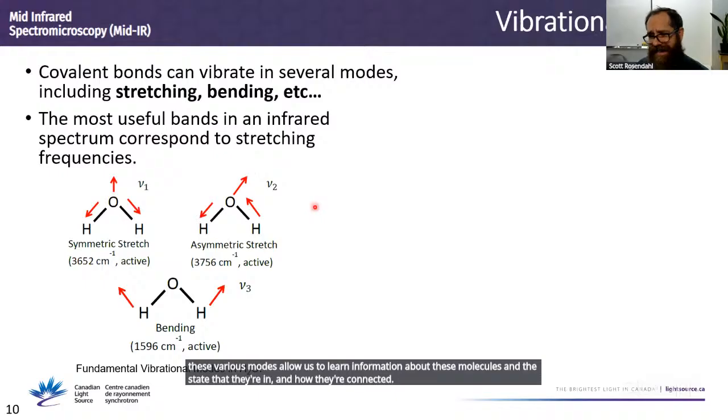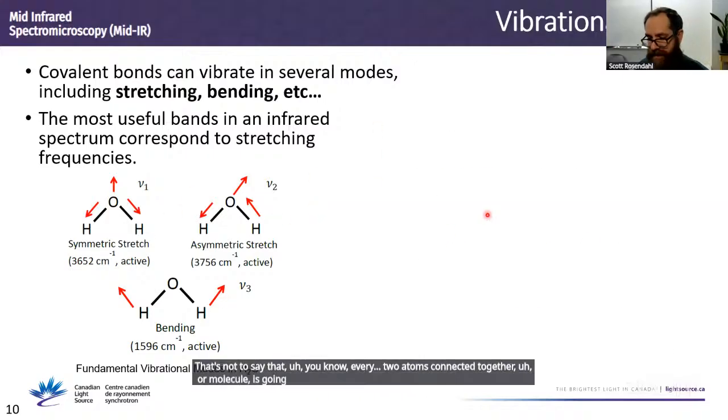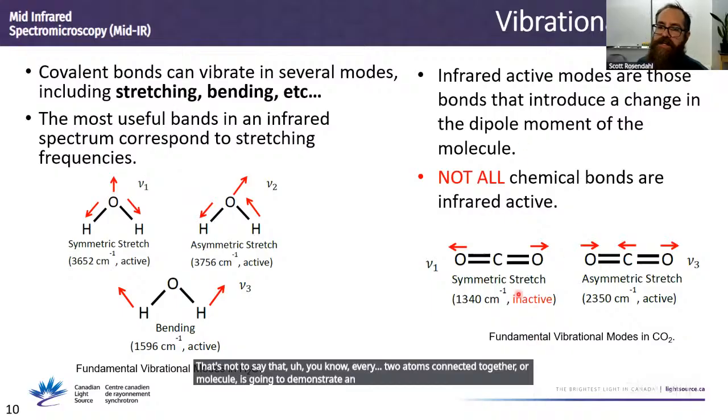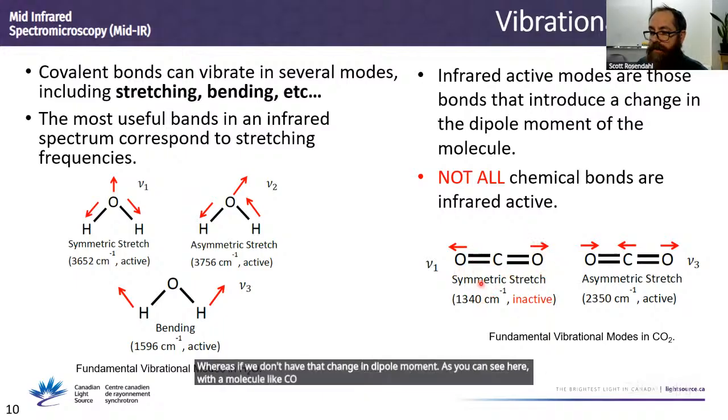That's not to say that every two atoms connected together, or every molecule, is going to demonstrate an IR spectrum. I kind of mentioned that briefly. If we don't have that change in dipole moment, as you can see here with a molecule like CO2, this particular stretch is relatively inactive.